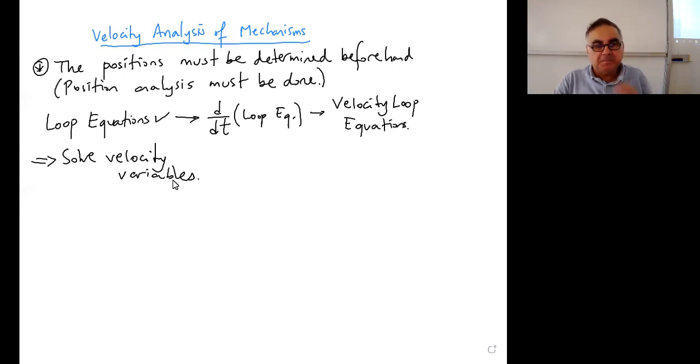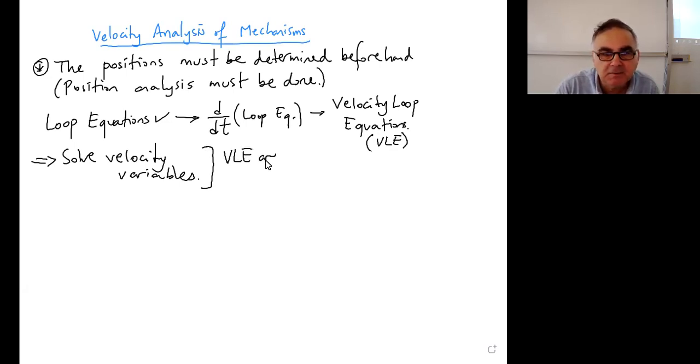Now, the thing is the following. The velocity loop equations are easier to solve, okay? The reason being, these are called VLE, velocity loop equations. VLE are linear in terms of velocities.